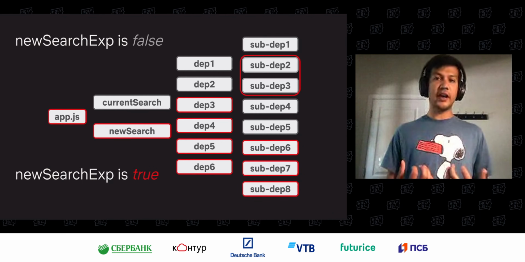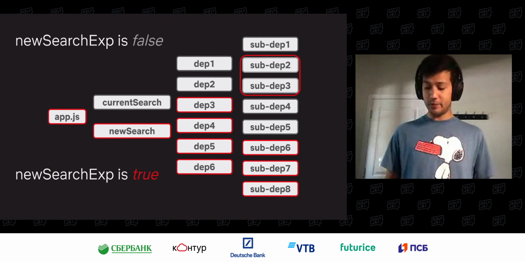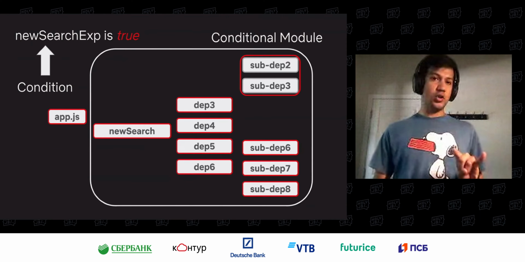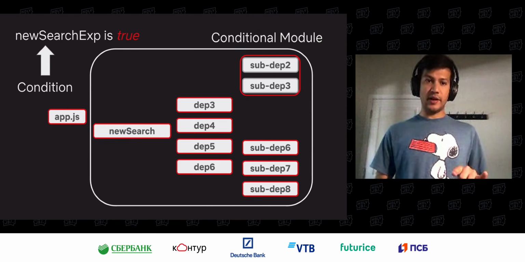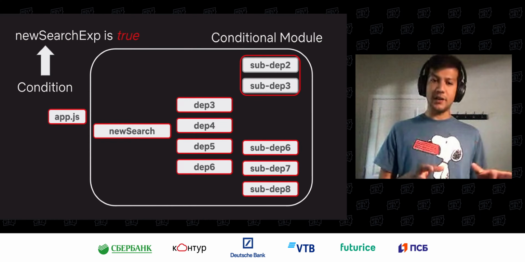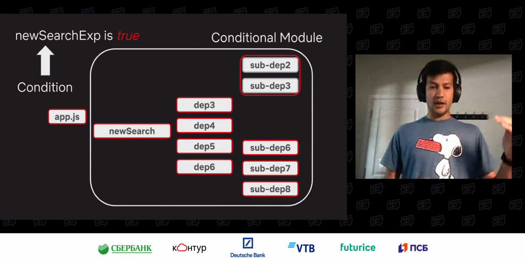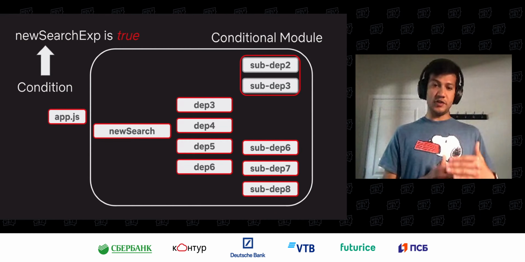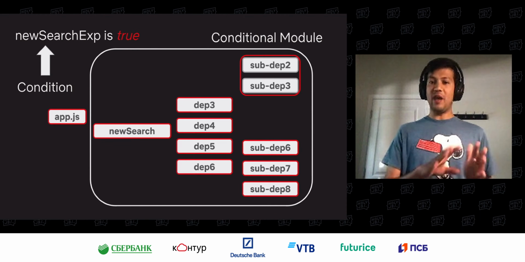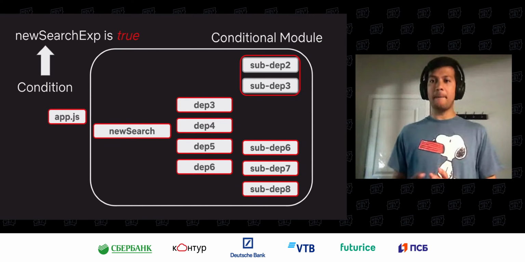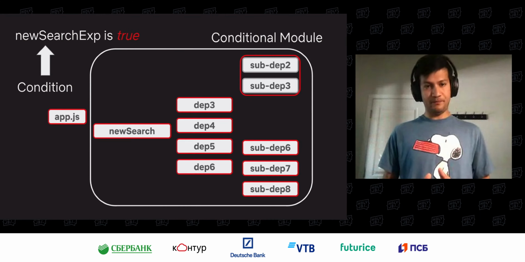So how we define a conditional module in this particular case is that the flag new search experience becomes your condition. So this Boolean value is the condition, and the primary file involved, which is the new search file, along with all its dependencies and sub-dependencies becomes one single module.